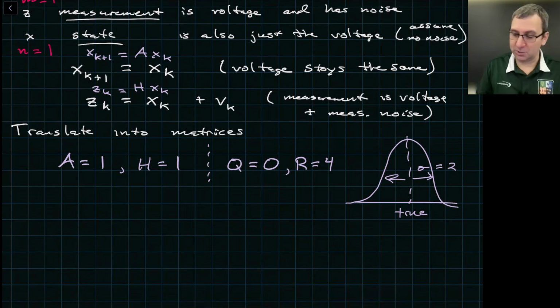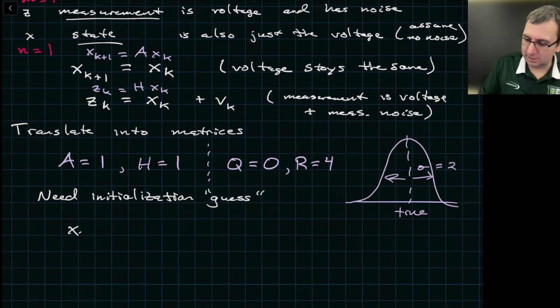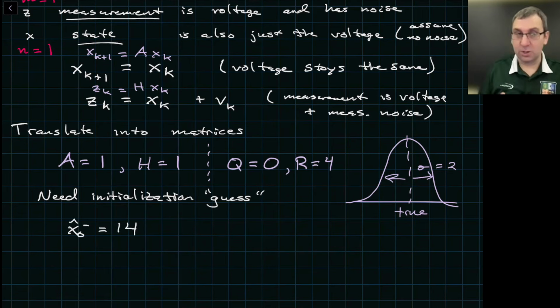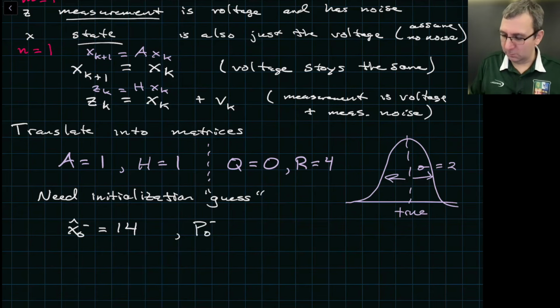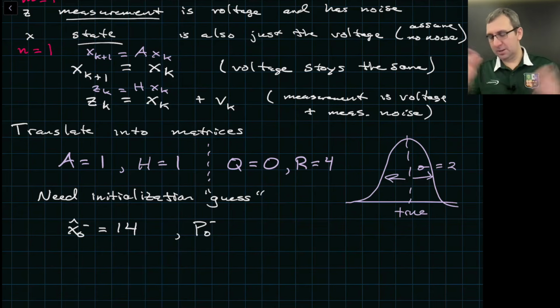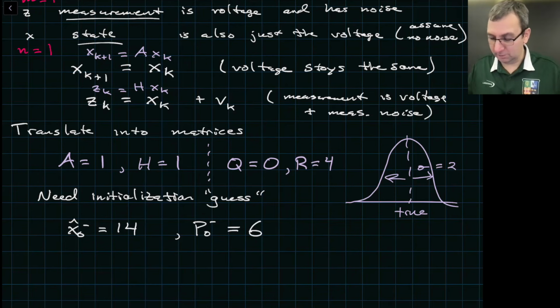So that'll be our initialization guess. So x, the predicted, just to initialize the algorithm, is that we think it'll be close to 14. And we don't know what the uncertainty is. We'll assume something big. We'll say 6.